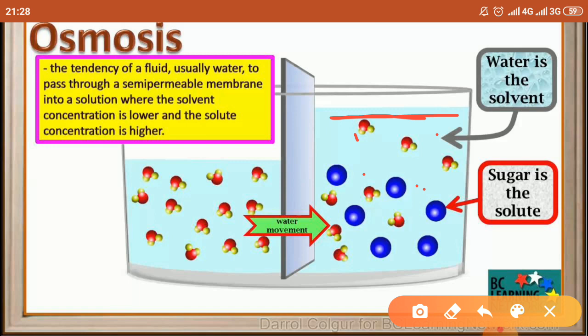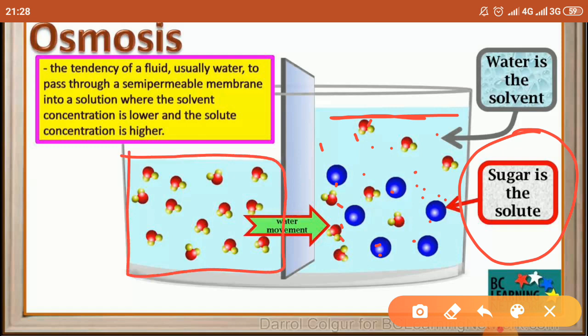Compared to the other side, you're going to say more, as it is visible over here. But in this particular container or part of the beaker, the sugar particles are present. It means the concentration of solute is more compared to this particular part.